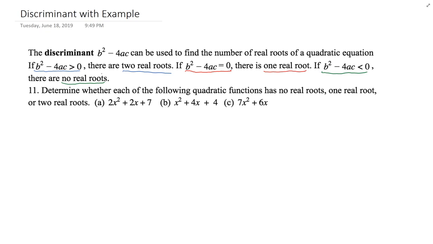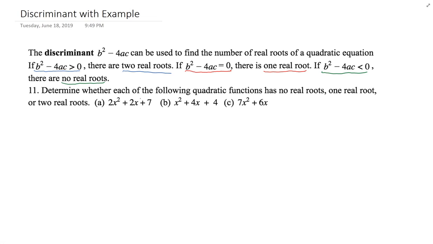Okay, so let's look at a couple of problems with this. Determine whether each of the following quadratic functions has no real roots, one real root, or two real roots. Let's look at a situation with 2x squared plus 2x plus 7 equals 0. What do we have there?